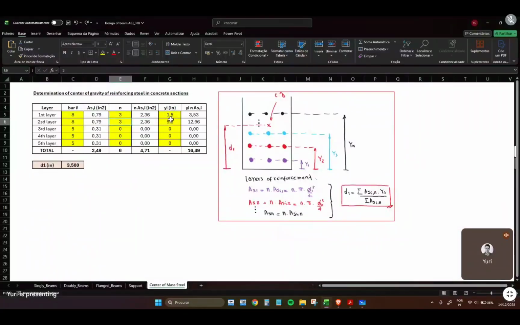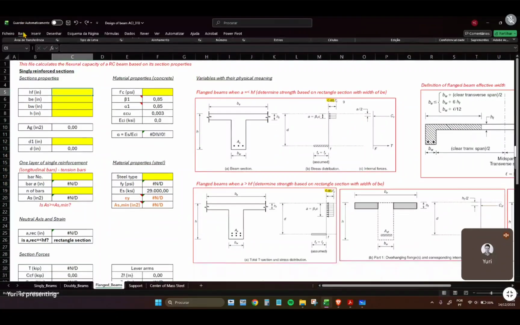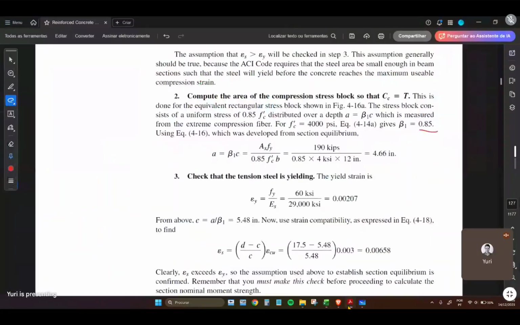I assume that the distance for the first layer was 1.5 and the second one was 5.5, which gives the distance d equal to 3.5, exactly like the exercise. Now we're just going to put this information. So the section height, from the flange, I think was 18, right?